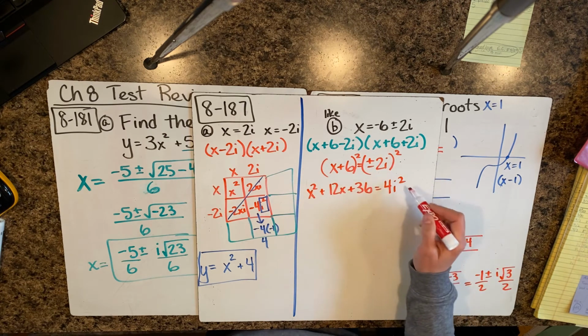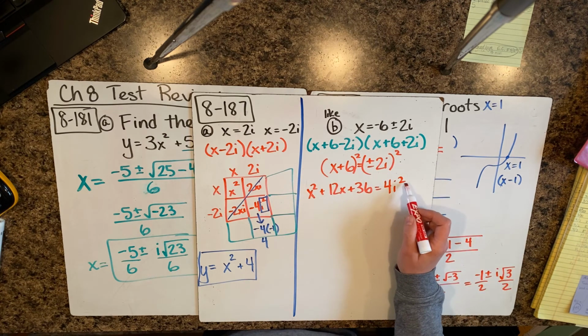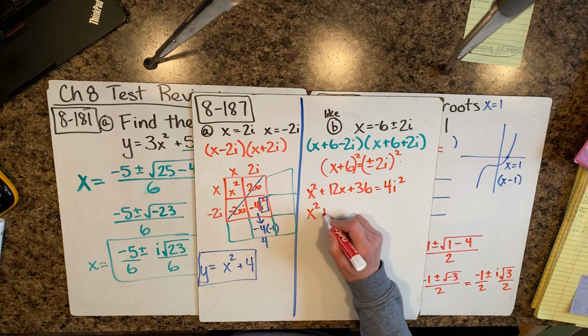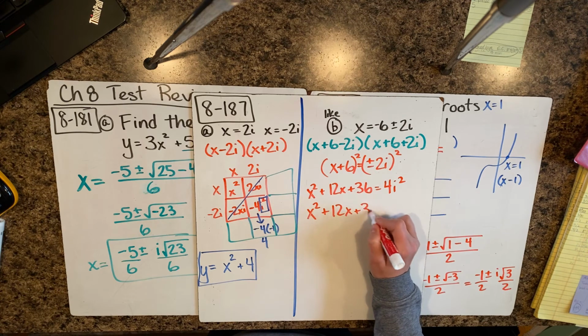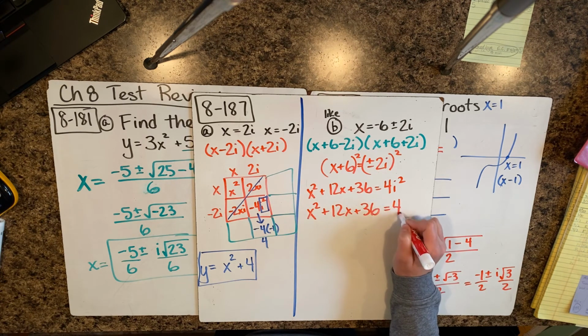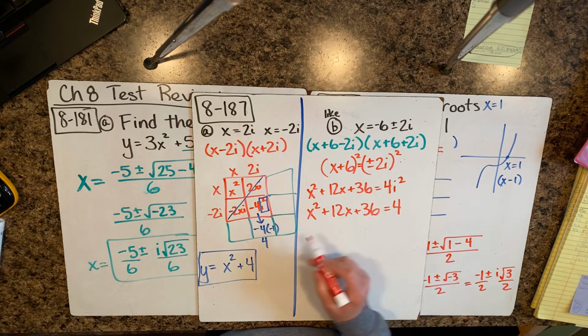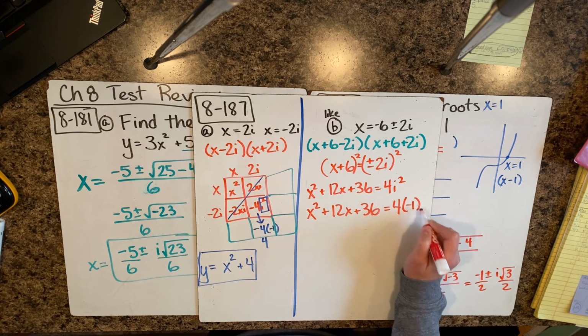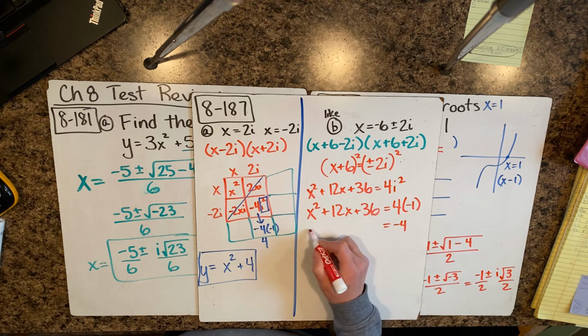But again, remember, this 4 times -1, same thing here, really turns into a positive 4. Oops, that's wrong. Sorry. This is a 4, i squared is a -1, so this really turns into a -4.